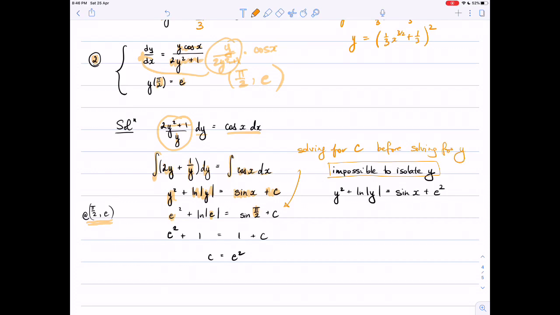That is typically better: plug in those conditions first before you try isolating. That is my recommendation to you.